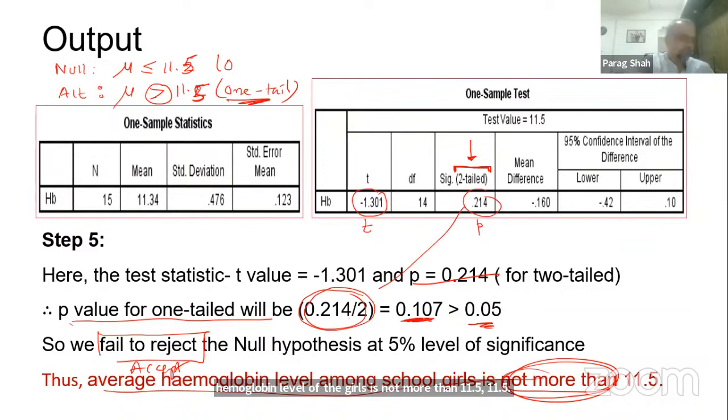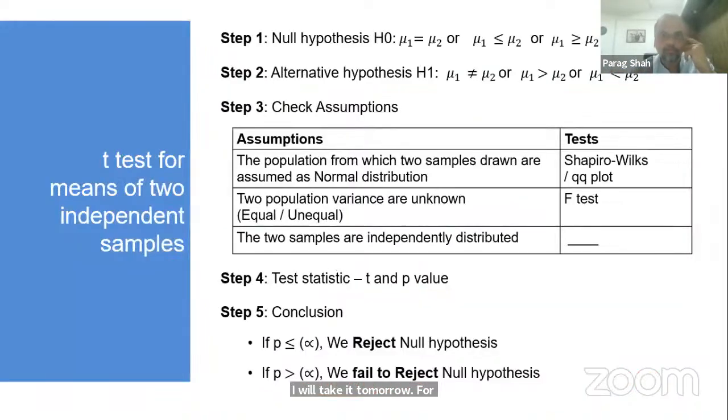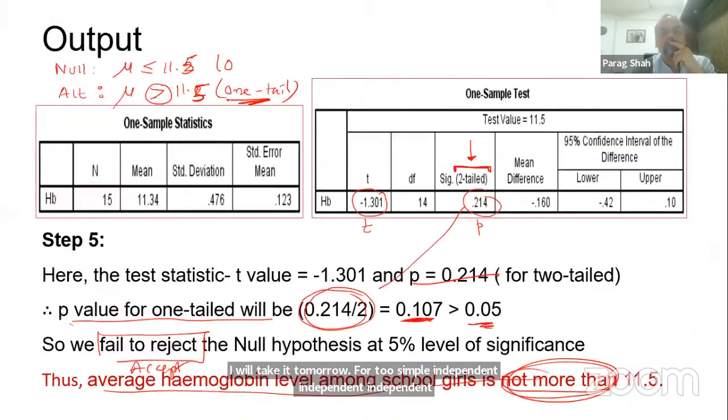Any questions now? This is only and only for one sample t-test. Similarly, I will take it tomorrow for two sample independent and dependent tests. This is how we'll have to go for two samples. Okay?